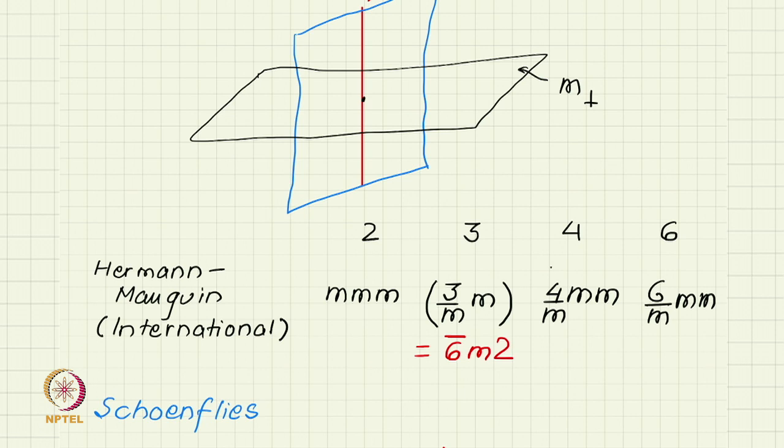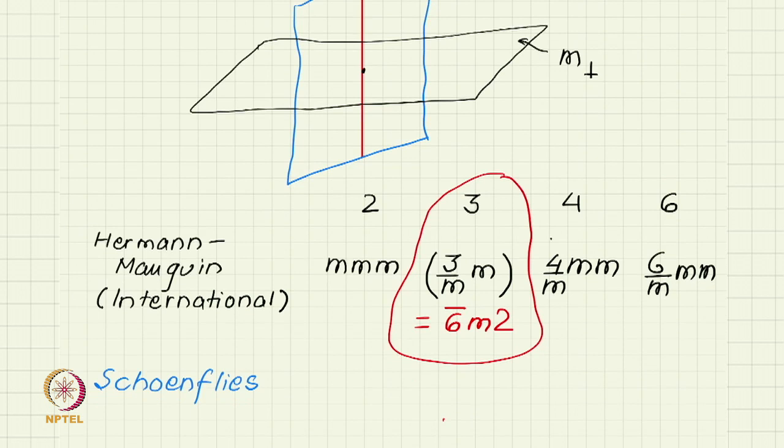So, we will not discuss it here, we will discuss it as a separate case when we combine a mirror plane parallel to an n bar axis. Currently, we are combining mirror planes with the n-fold axis. We will also combine mirror planes with roto-inversion axes. So, 6 bar m2 will come in that case. So, this case is excluded. So, we get 3 groups of this type.